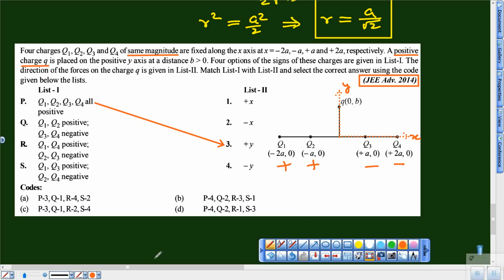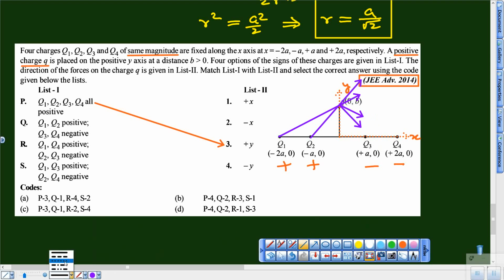If these two are negative, then needless to say the forces would be, again I draw, because of these two would be the repulsive force, maybe something like this, and because of these two would be the attractive force, Q3, and because of Q4, and you can see at once that these forces would be oriented like this.